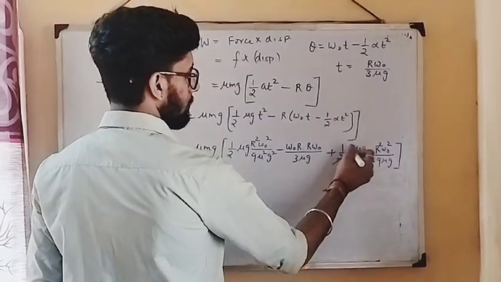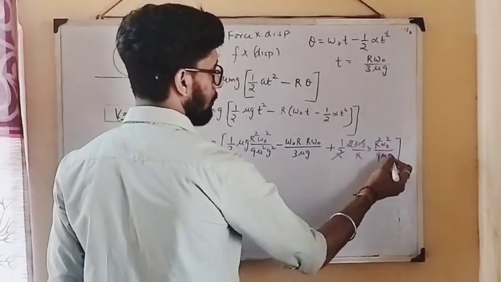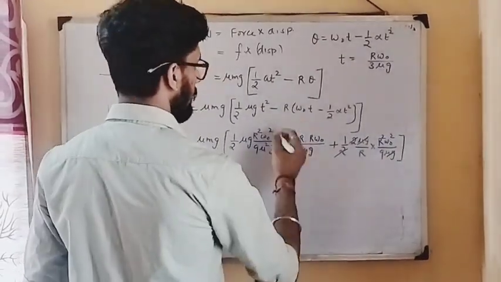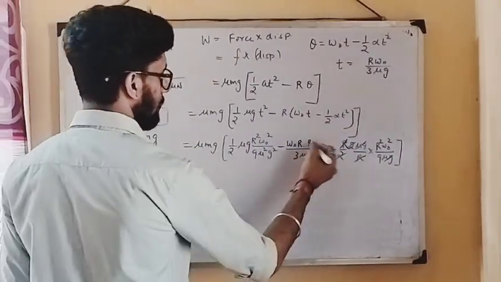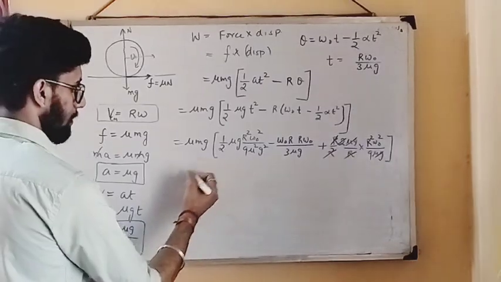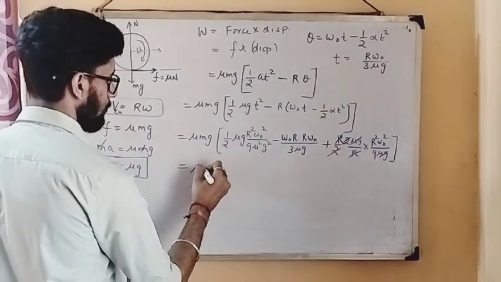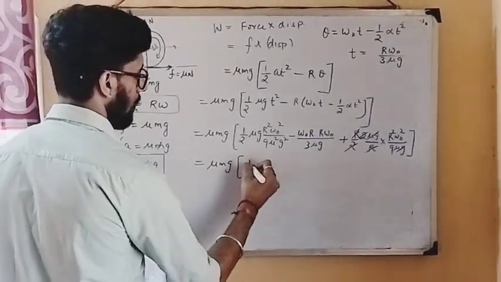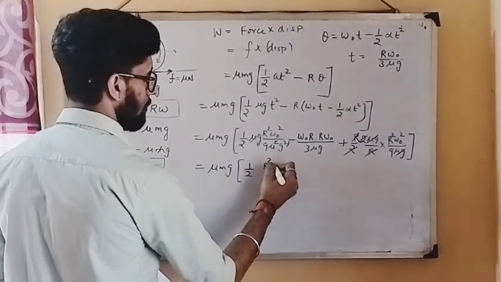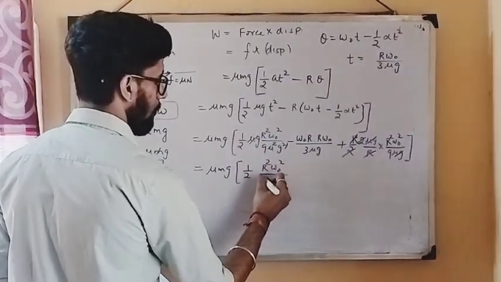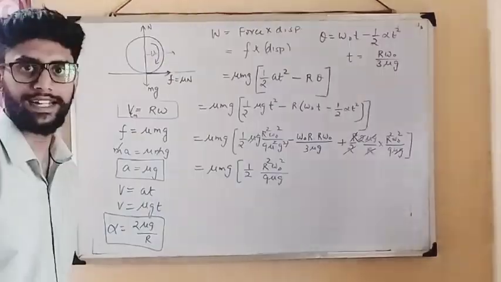From here, 2 can be omitted, mu g can be omitted, and r is already multiplied inside, so r will be omitted from here. And from here, if we try to solve it all along, mu mg half mu g can be omitted, r square omega naught square upon 9 mu g, right?